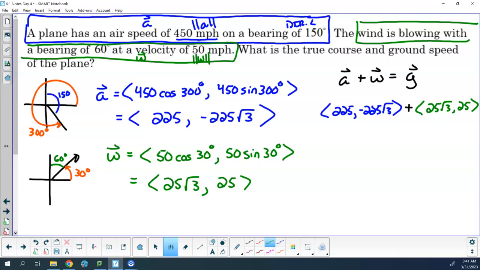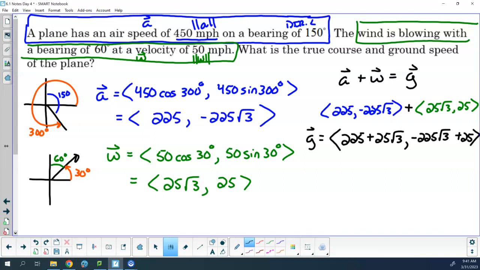So how am I going to add vectors? You add the horizontal components, you add the vertical components, right? So vector G over here is going to be the vector 225 plus 25 square roots of 3, negative 225 square roots of 3 plus 25.